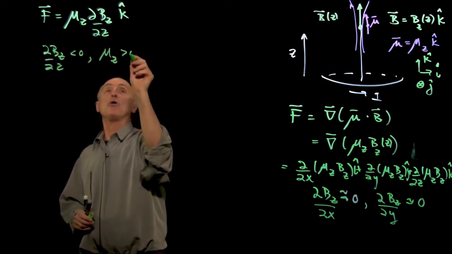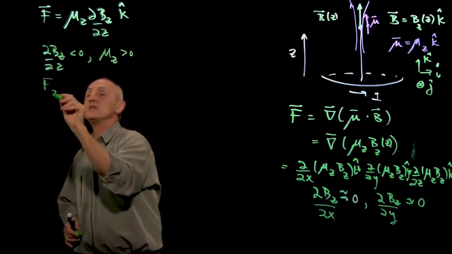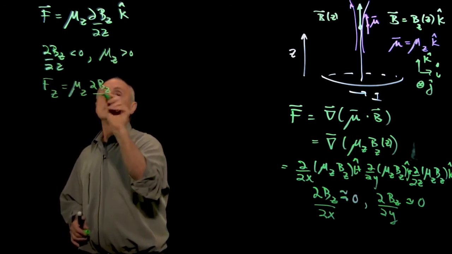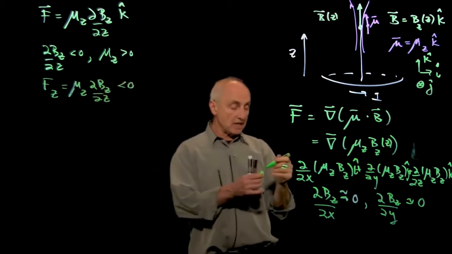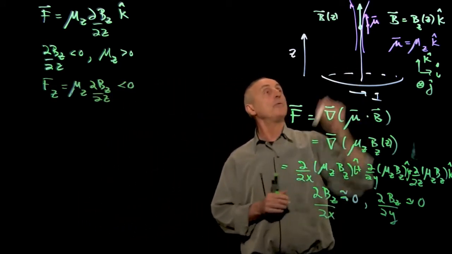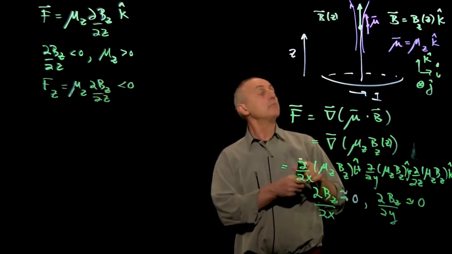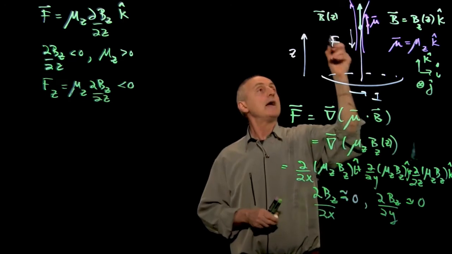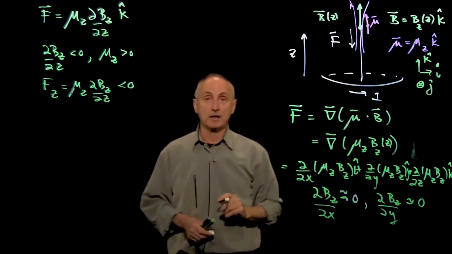We've set up our dipole so it's pointing in the z direction. So our force z component, mu z dBz dz, is negative, which means that when you put a dipole in this field above the ring, it will experience a force downwards, attracting the dipole into a greater field strength.